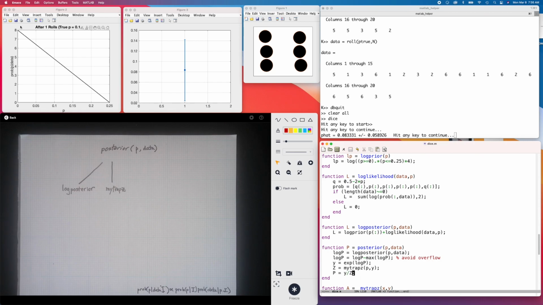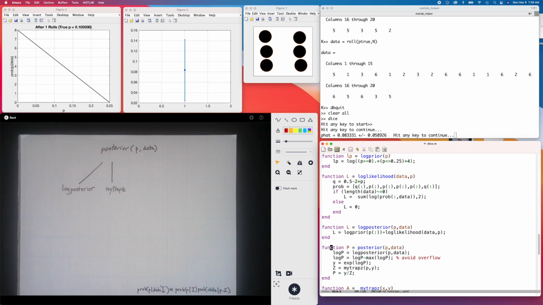After one roll, it produced this graph here, this triangular shaped posterior PDF, with a maximum at 0 and then going all the way down to 0 at 0.25. Like I explained last time, p cannot be 1/4 because then 6 would have 0 probability, but we got a 6. So Bayes' theorem figured out right away that p cannot be 0.25 with one roll, even though the prior was flat.